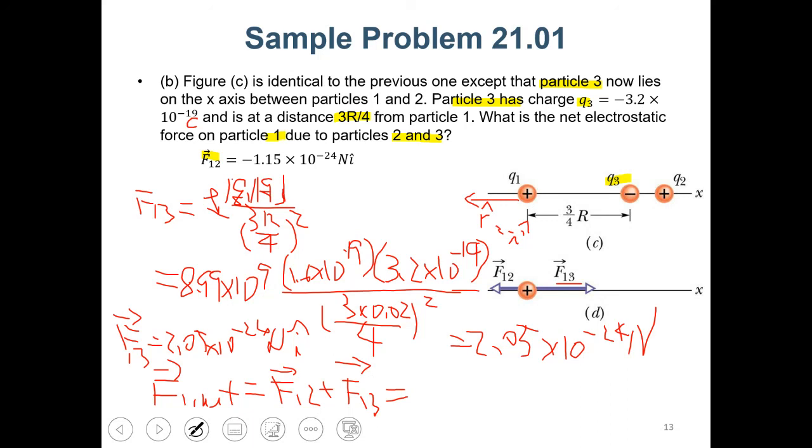So the answer will be 9 times 10 to the minus 25 Newton in the positive direction. The magnitude of F13 is slightly larger than F12. So this is F1 net. Any questions?